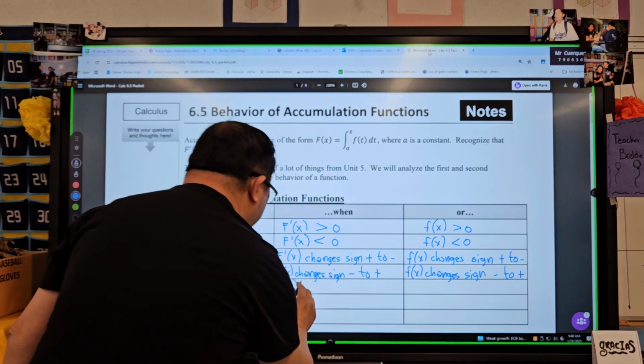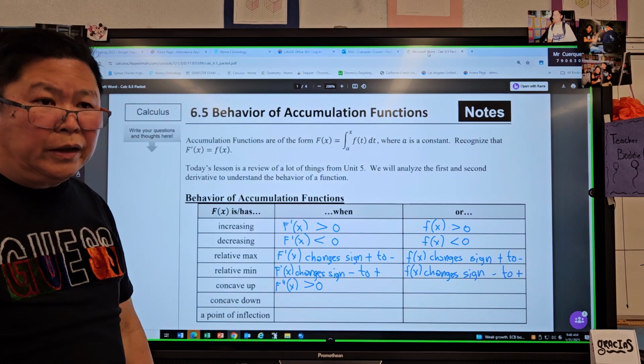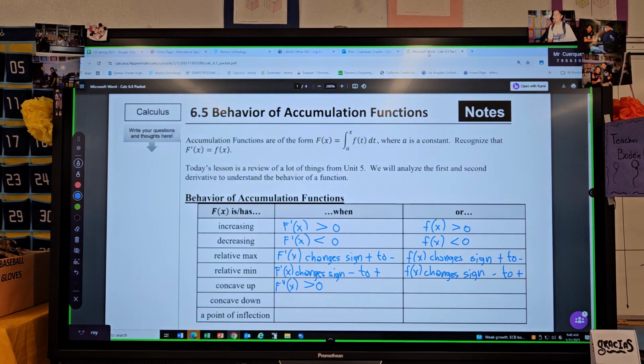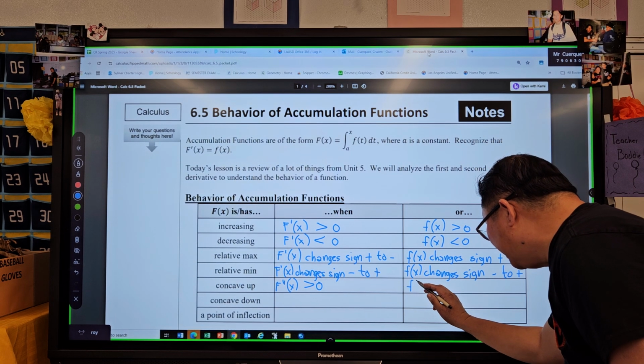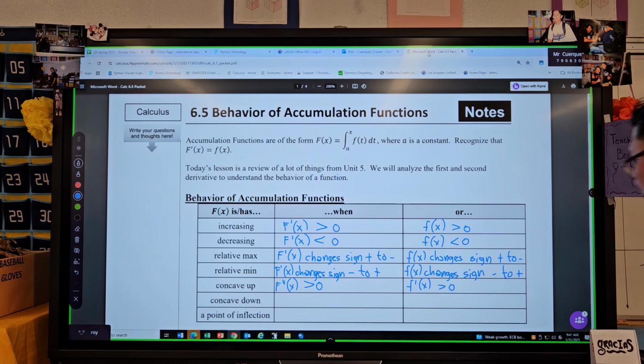Very good. Greater than 0. Same thing for this one. So it's now f prime here. F prime is also greater than 0. Can you see, guys? Anyway, I'll put this up next time or later.